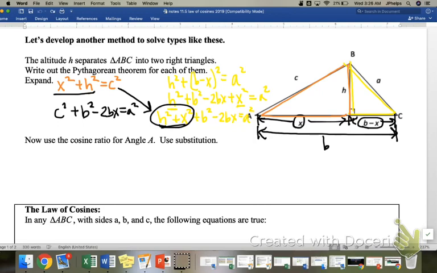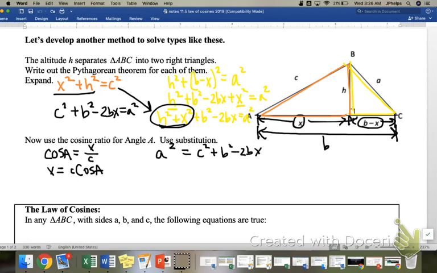So now we're going to look at the cosine ratio for angle A. So the cosine of angle A is equal to the adjacent, that's side x, over the hypotenuse, side C. So x is equal to c times cosine of angle A. And looking up at our equation from this first section, we've got an x in here, so we're left with a squared equals c squared plus b squared minus 2bx.